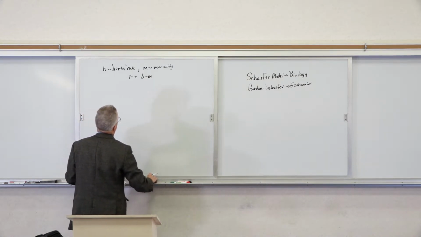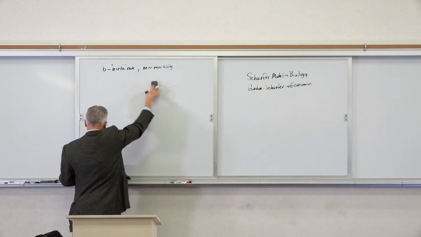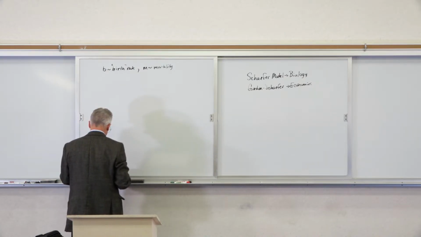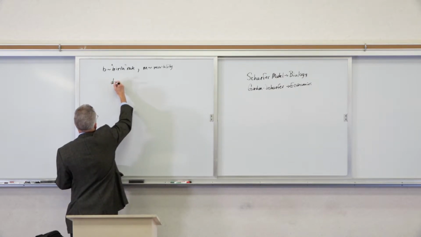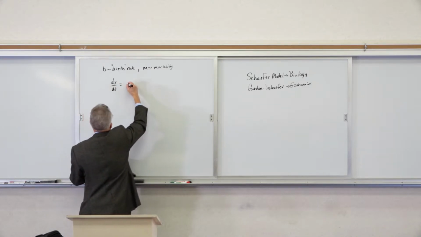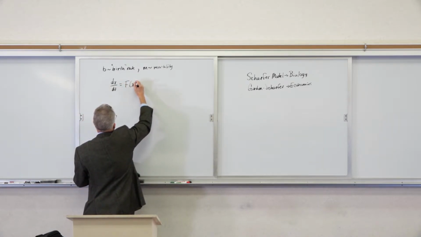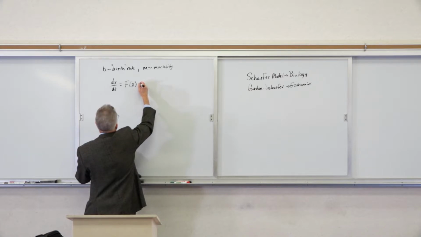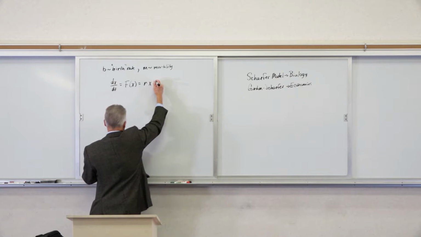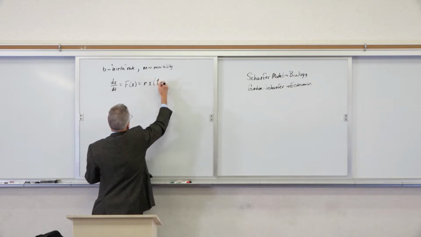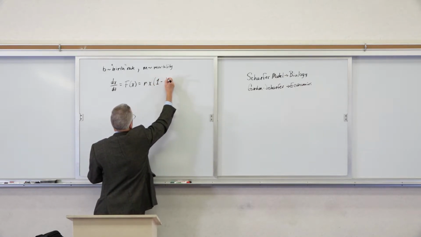Here's what this r is going to be, what he sets it up as, or what the population change is. dx/dt, x dot, is f of x, which is equal to rx(1 minus x over k).